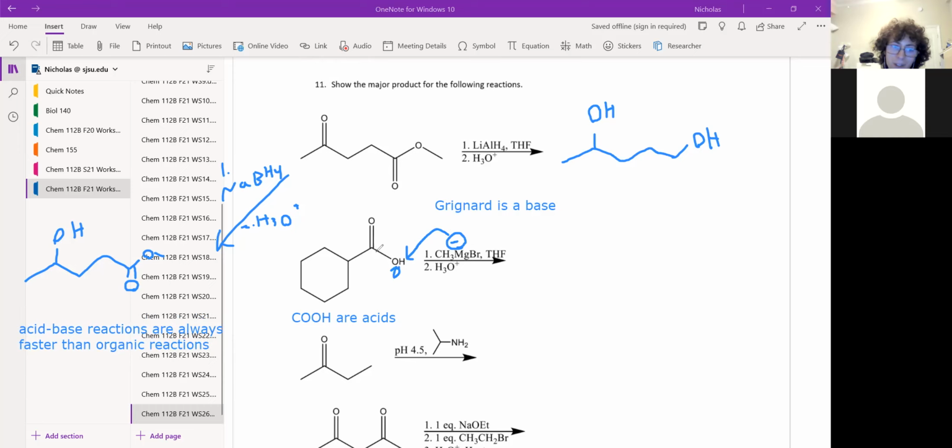This is going to happen faster because it's an acid-base reaction. So yeah, you form a carboxylate, and then we get methane. Okay.